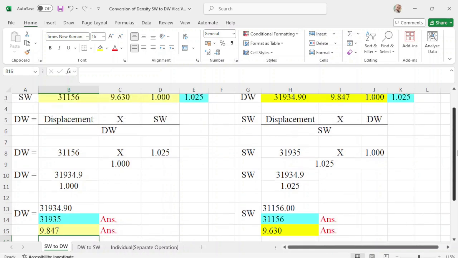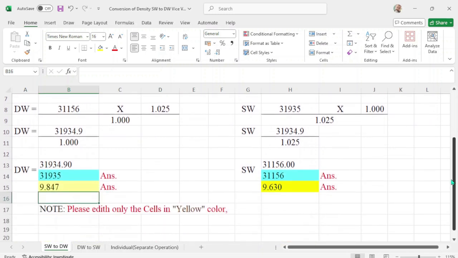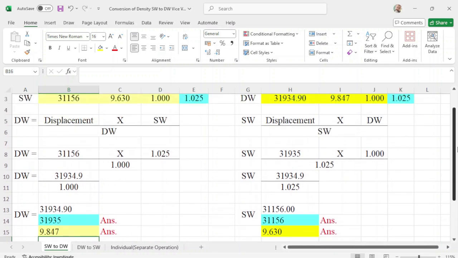From here, dock water to salt water, that will be your displacement in dock water, which is 31935, and the drop is 9.85.